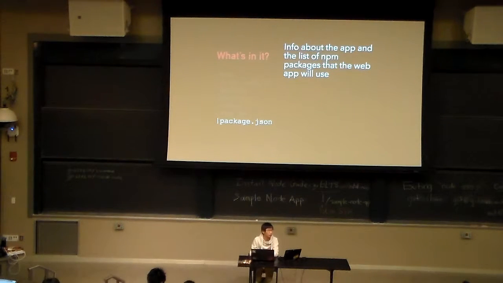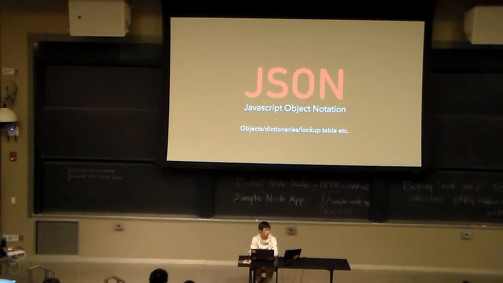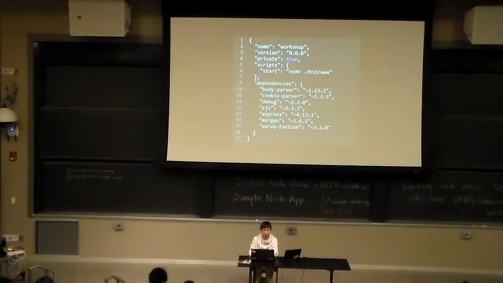So what is a JSON? It's a completely new file format. It stands for JavaScript Object Notation, which basically says what's inside this is a JavaScript object, or a dictionary in Python, to give you an equivalent. So objects, dictionaries, lookup tables, etc. in any sort of language you see, and it looks something like this.